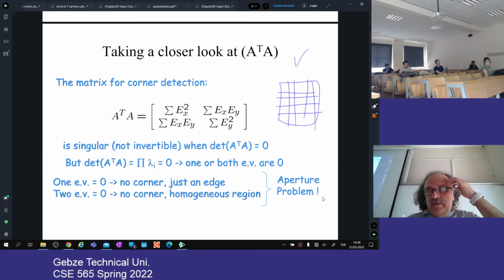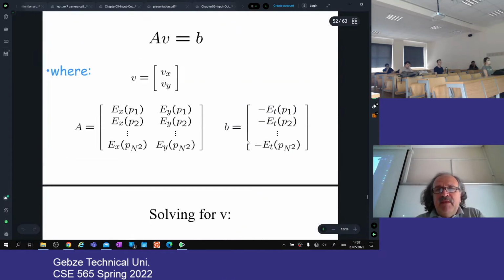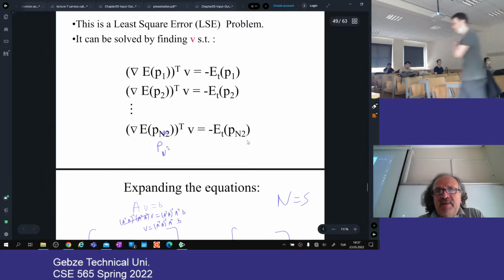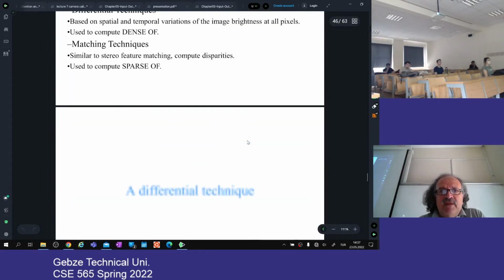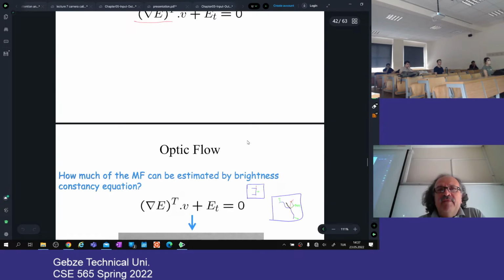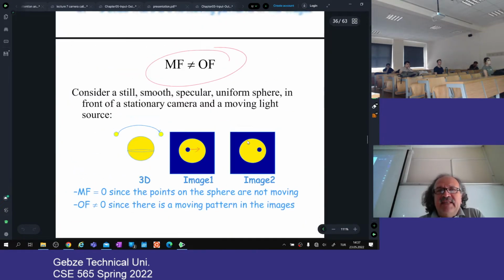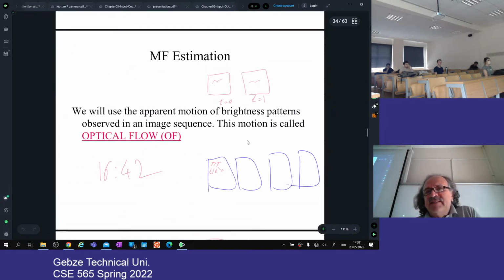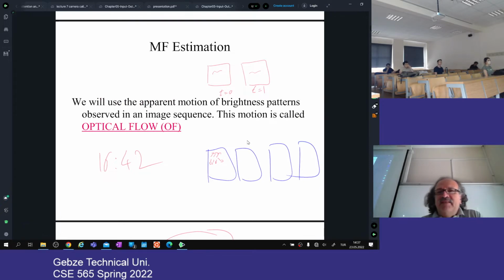Okay, so last time we started talking about how to calculate the optic flow. Maybe I should back up a little bit and remind you what we were doing. We said that we are after this motion field estimation.